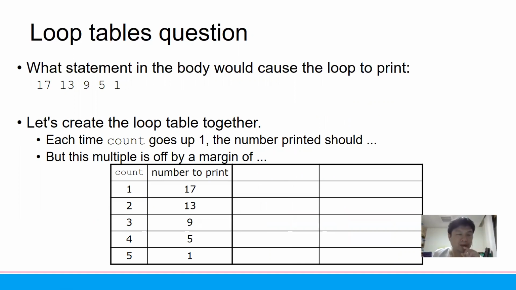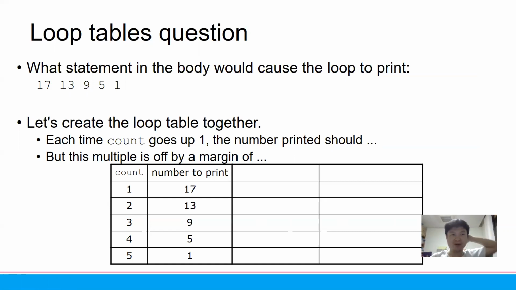Okay, so this is the decrement value 17, 13, 9, 5, 1. So we can create the loop table together. So each time count goes up by 1, the number printed should be, okay, maybe you need to check.